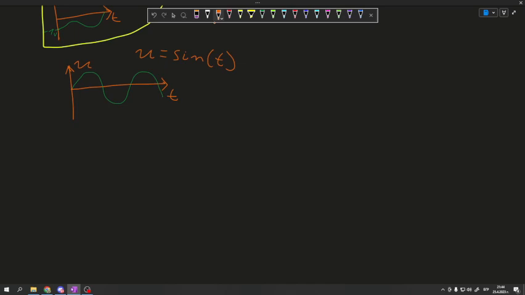It's like y equals sine of x if you put it in GeoGebra, but here we replace the y with u and x with t, and you'll get the same plot. So if you want to turn this AC into DC, we need a rectifier. And we'll look at a half-wave rectifier using a diode.